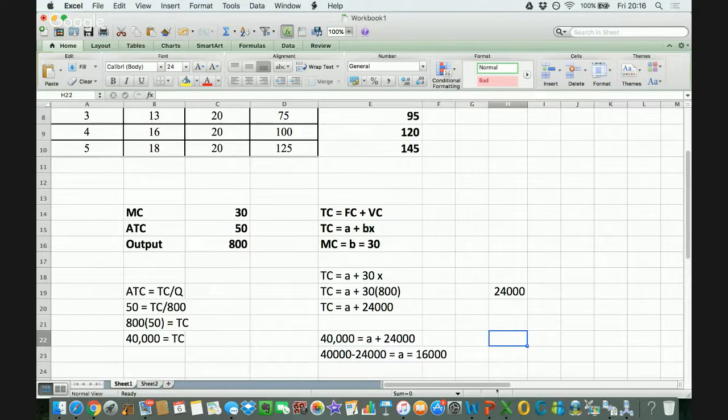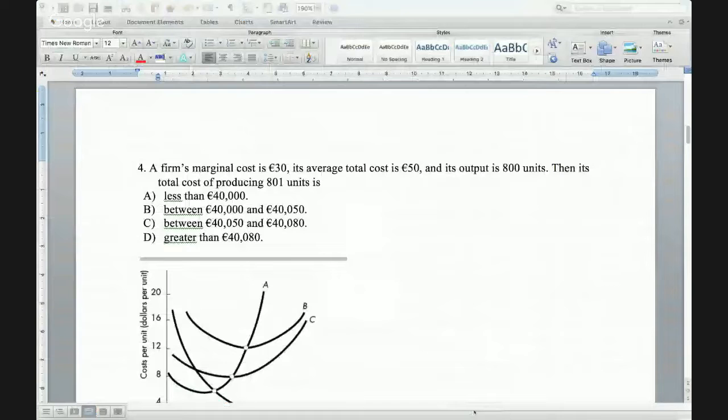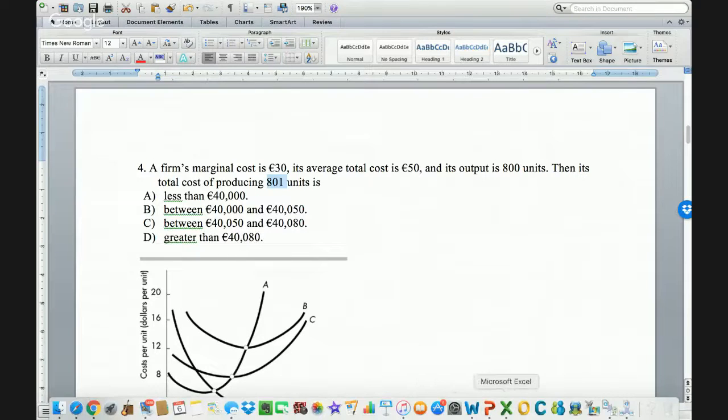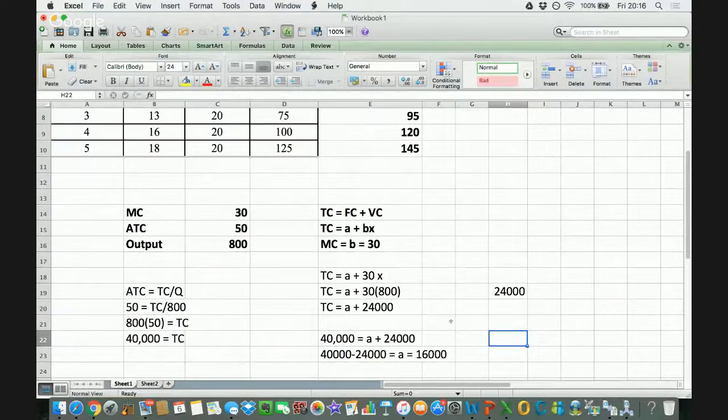Now, we weren't asked to get fixed cost. What we were asked to get was the total cost of producing one extra unit. So at least we have a total cost of 40,000. That's what it is for 800 units. So for one extra unit, we have your equation.